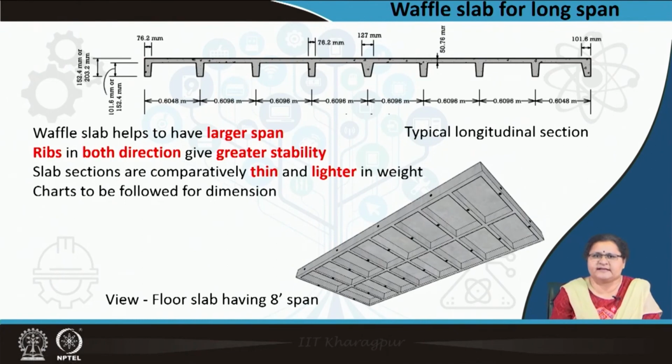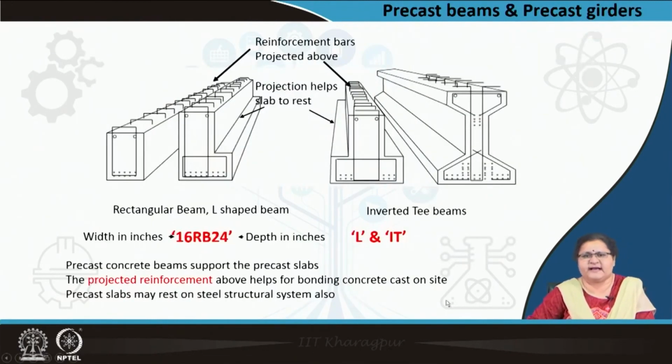So, charts are there. Accordingly, the mold is now getting complicated. The reinforcement system inside it is also getting complicated, which was not that much difficult in case of the others. So, if such kind of slab is also adopted, you can go for such kind of slabs for long span. Let us now go to how these are to be assembled.